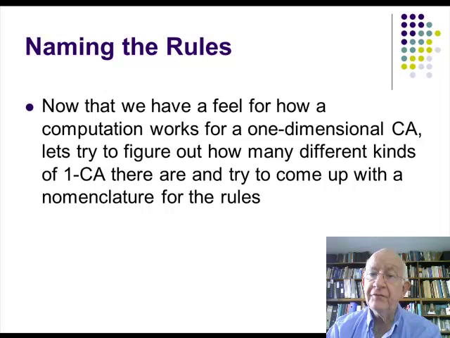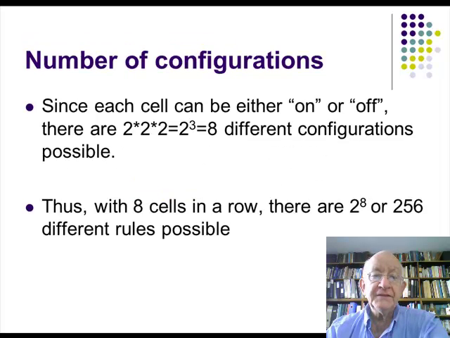Now that we have a feel for how a computation works for a one-dimensional CA, let's try to figure out how many different kinds of 1D CA there are and try to come up with a nomenclature for these rules. Since each cell can be either on or off in this binary string of ours, there are 2 multiplied by 2 multiplied by 2, or 2 to the third, which is 8 different configurations possible.